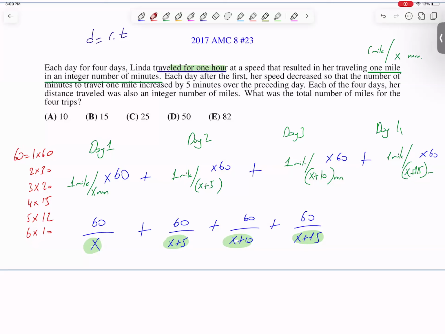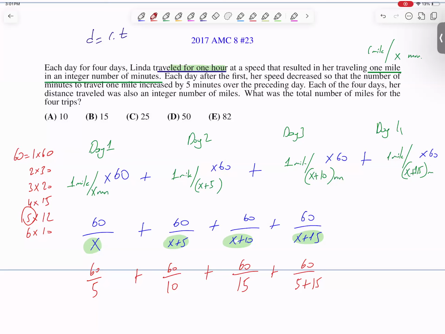I think we should try 5, since we are adding 5. 60 over 5 is an integer. 60 divided by 5 plus 5, which is 10, is another divisor of 60. 60 divided by 5 plus 10 is 15, that's an integer. 60 divided by 5 plus 15, which is 20, is also a divisor of 60. That gives us integer values all the time.